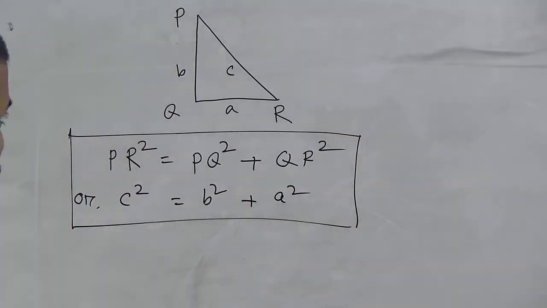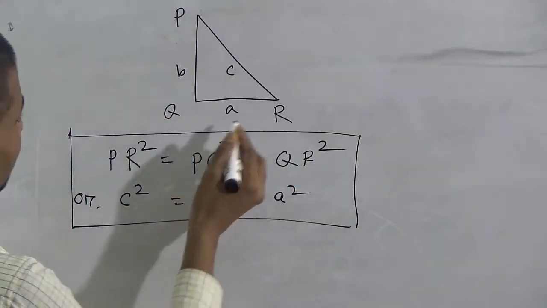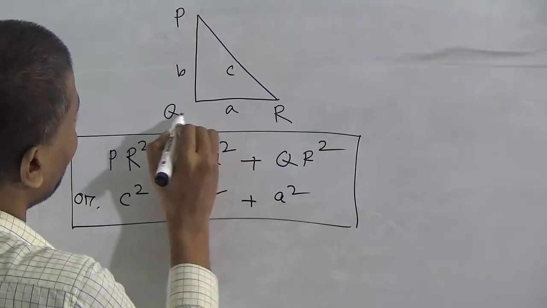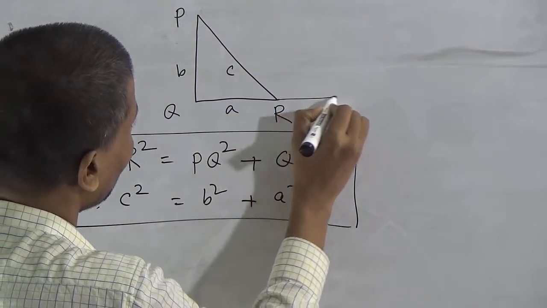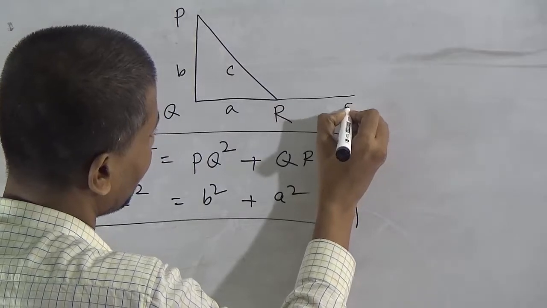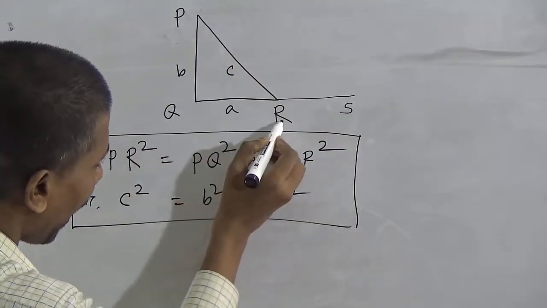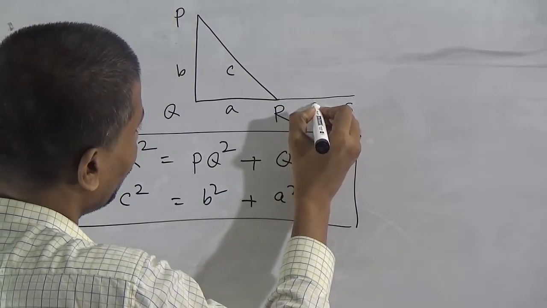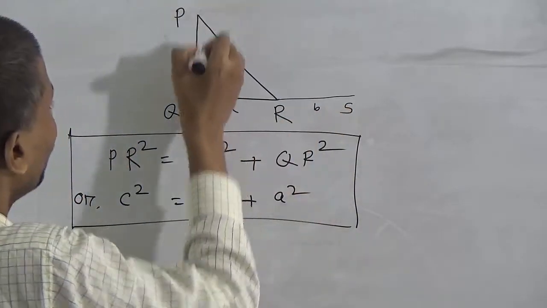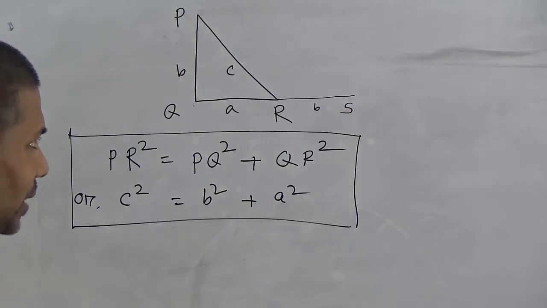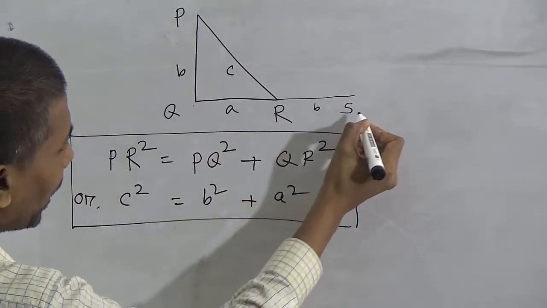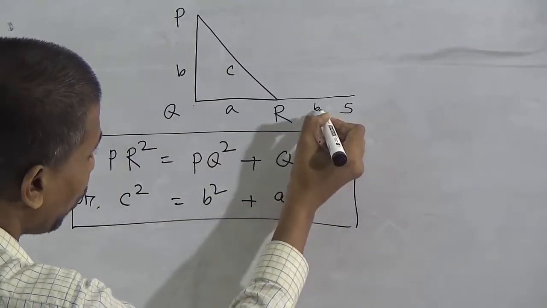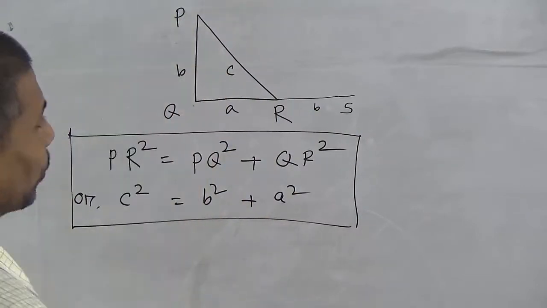Now we need construction. Listen, produce QR to S so that RS equal to B equal to PQ.